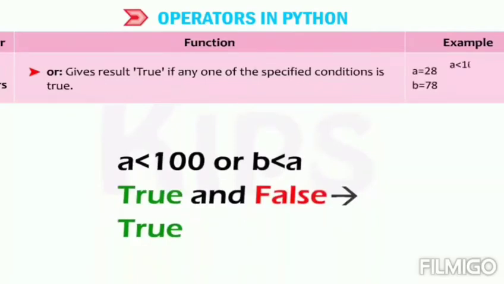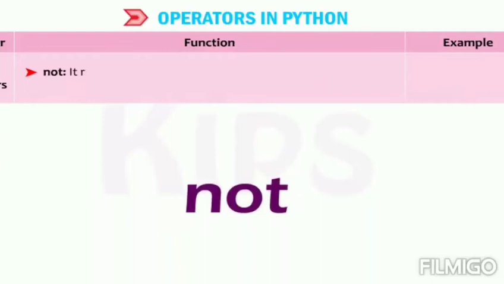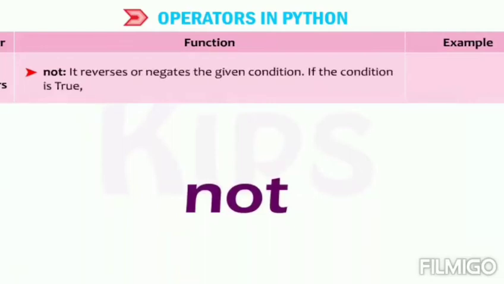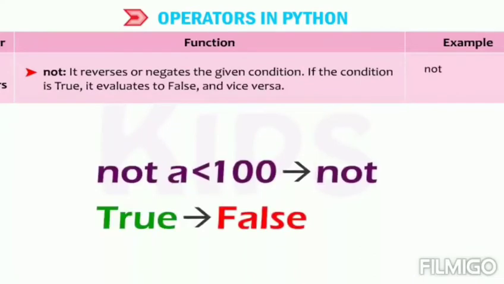OR gives the result true if any one of the specified conditions is true. A is smaller than 100 or B is smaller than A. True or false, true. NOT reverses or negates the given condition. If the condition is true, it evaluates to false and vice versa. Not A smaller than 100. Not true, false.